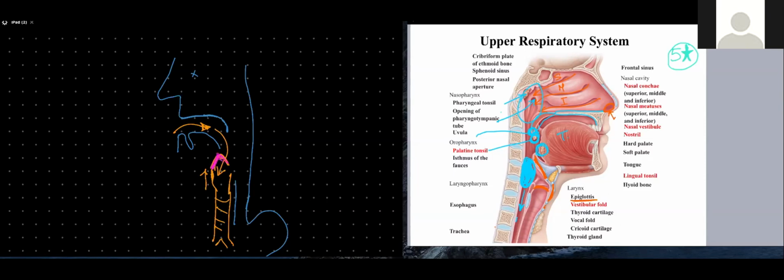This is my epiglottis. It kinks down, closing your lower respiratory tract. So the liquid won't be able to move down towards your lungs. At the same time, you don't want to have this water coming out of your nose.